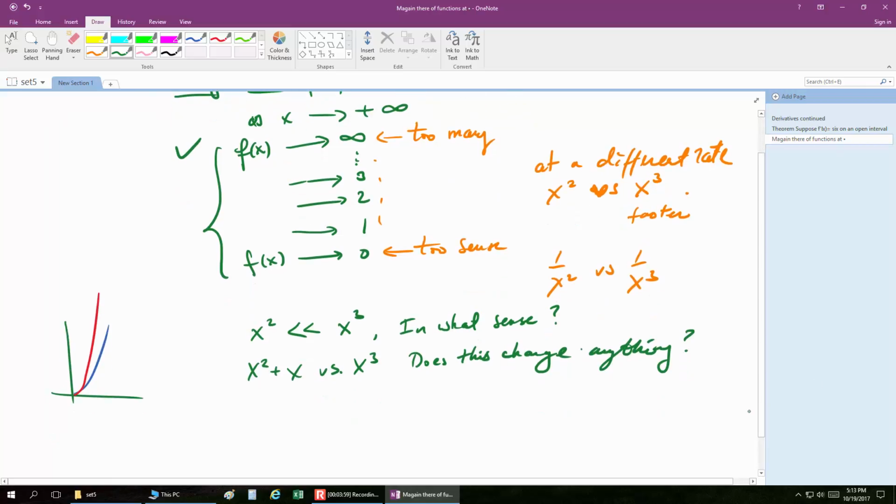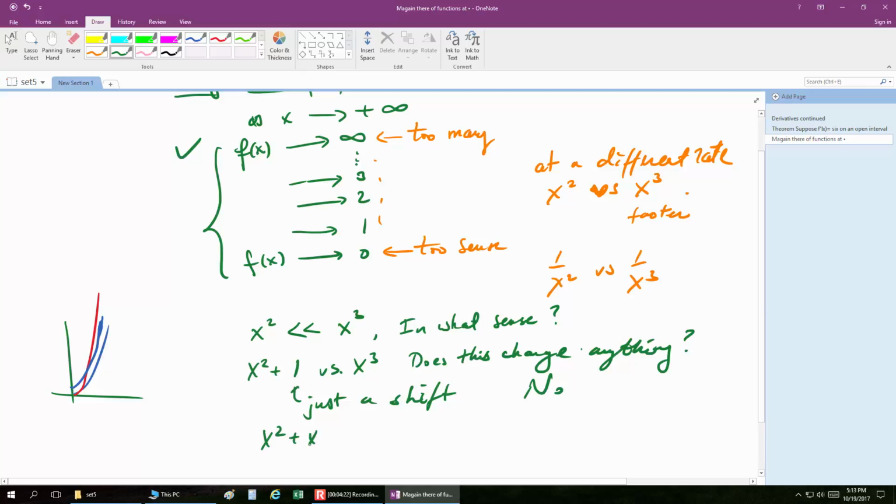No, x is not a shift. If it was, it's still a worthwhile mention. How about this one? This is indeed just a shift, so the answer is then no. There will be no change. I take that blue one and just shift it by 1. So once again, x cubed will take off and never look back, right?